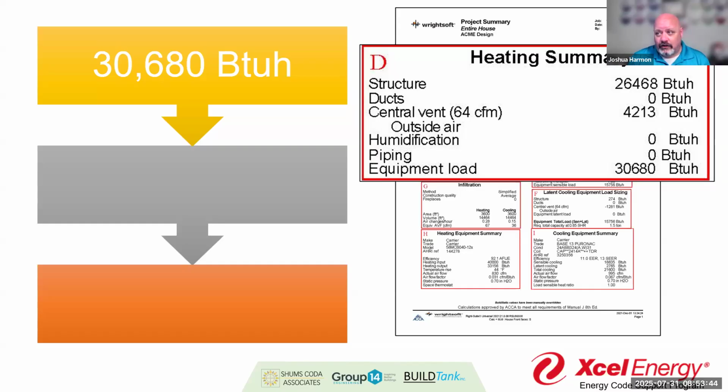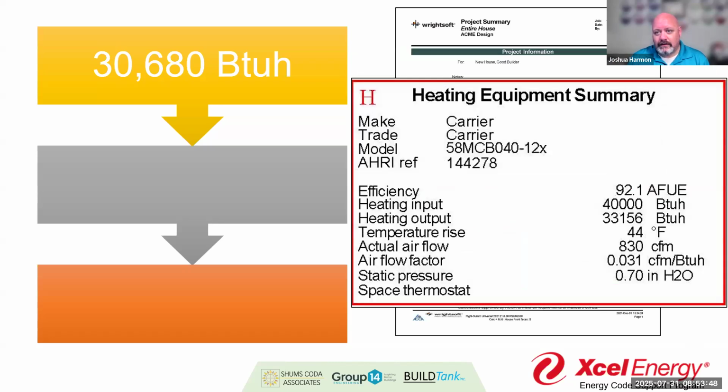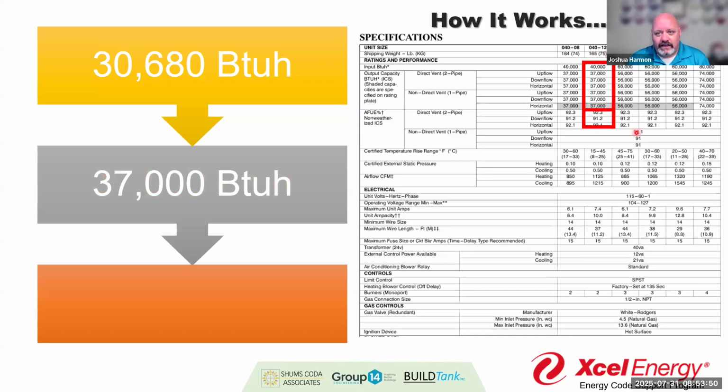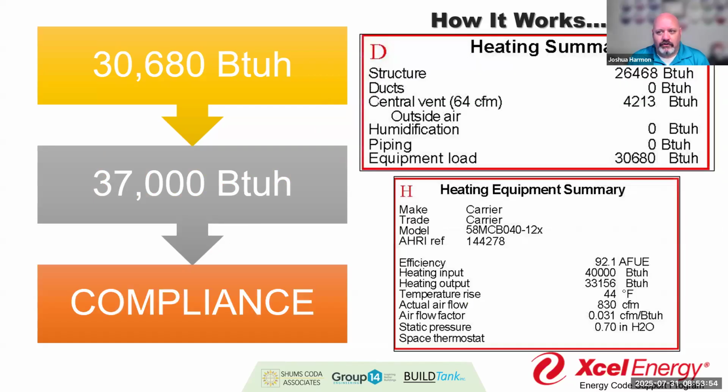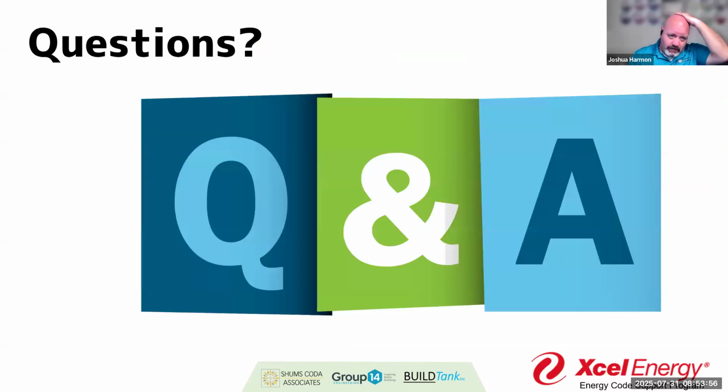It's going to affect the heating load. So when I go to select a piece of equipment, I'm not going to get a piece of equipment that matches what I'm doing in order to get compliance. If you have any questions, let me know.